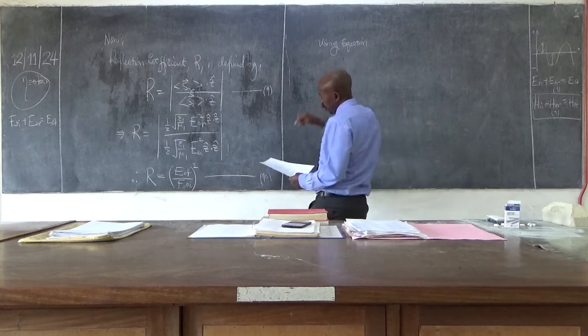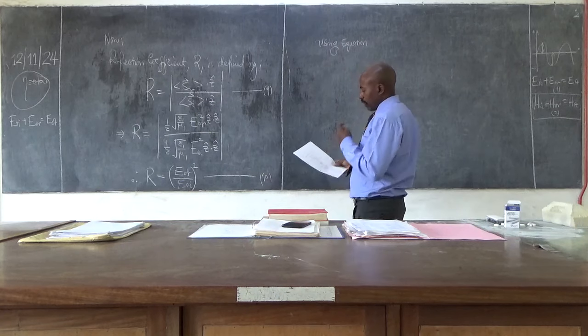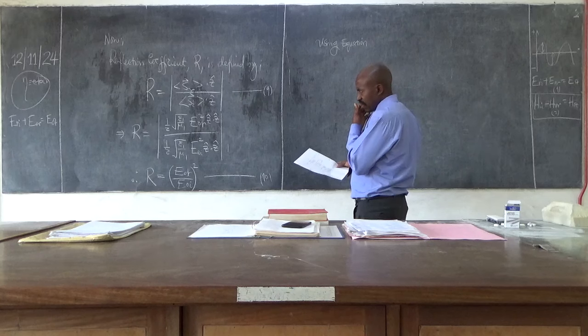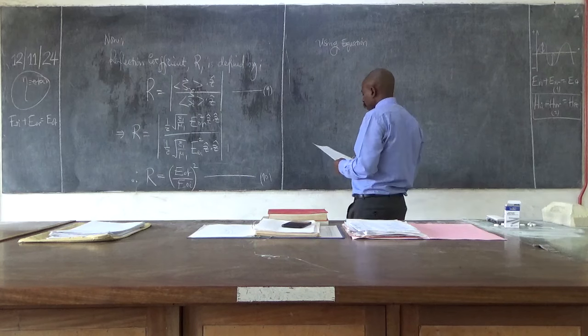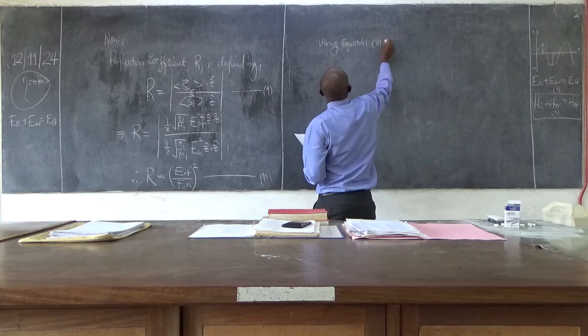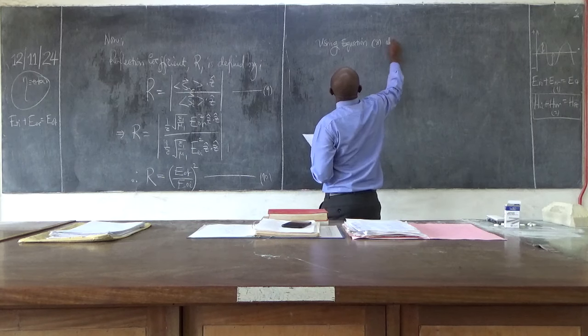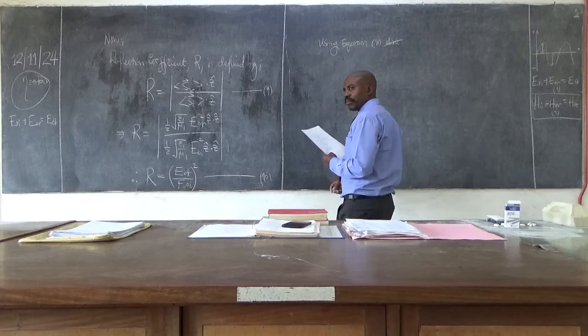which was for E naught R equal to, blah blah, then E naught I. Here they say above, I don't know whether it is your above.